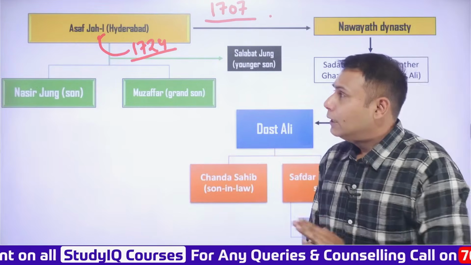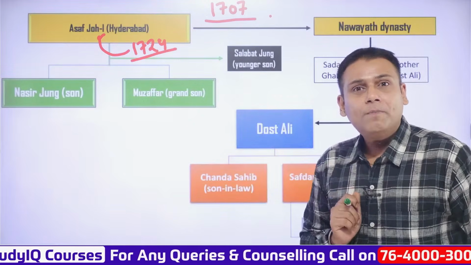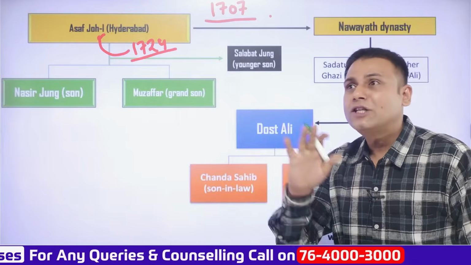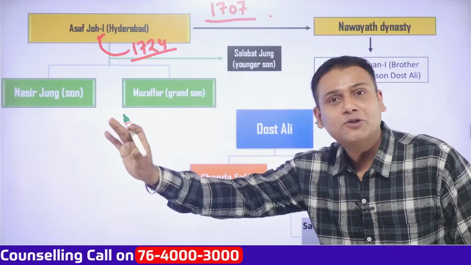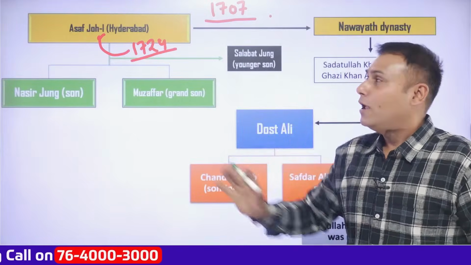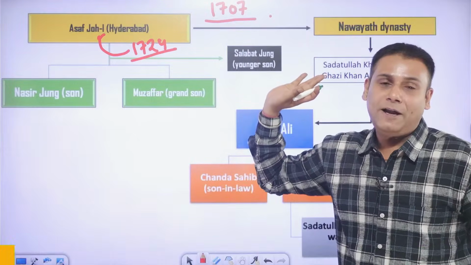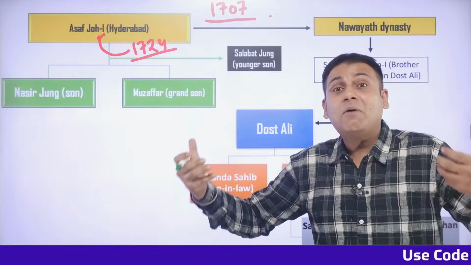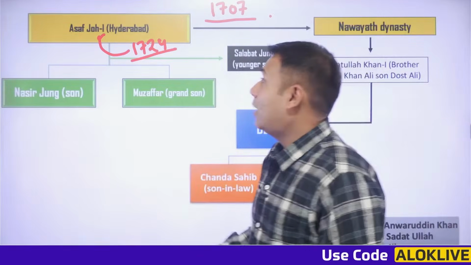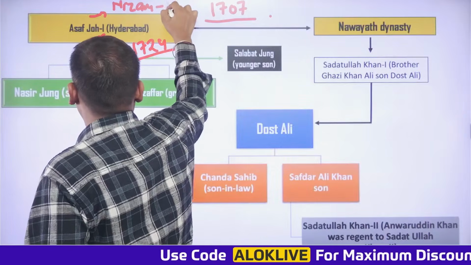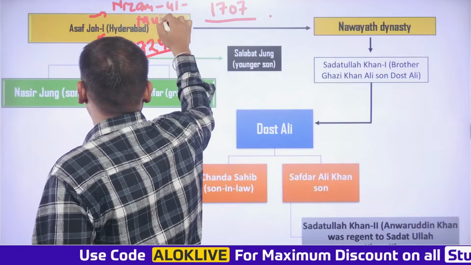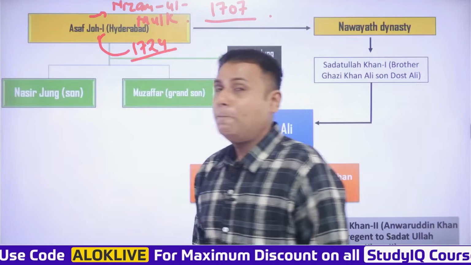In 1724, Asaf Jah, who was the Subedar of Hyderabad, and Hyderabad also had an influence over the region of Carnatic, declared himself independent. He called himself the Nizam of Hyderabad, and Asaf Jah is also referred to as Nizam ul Mulk.